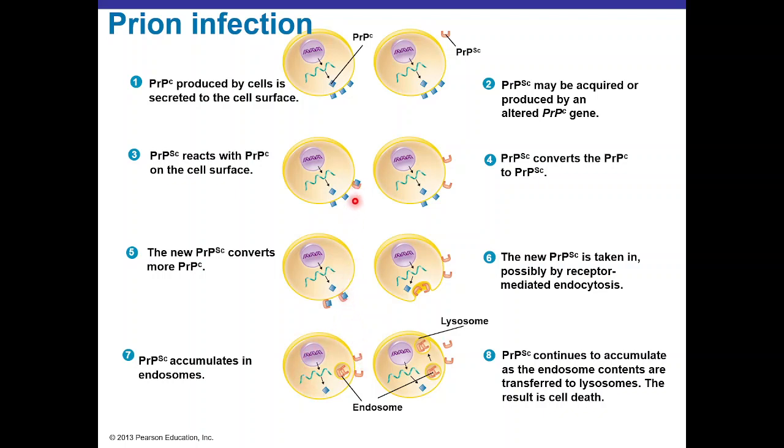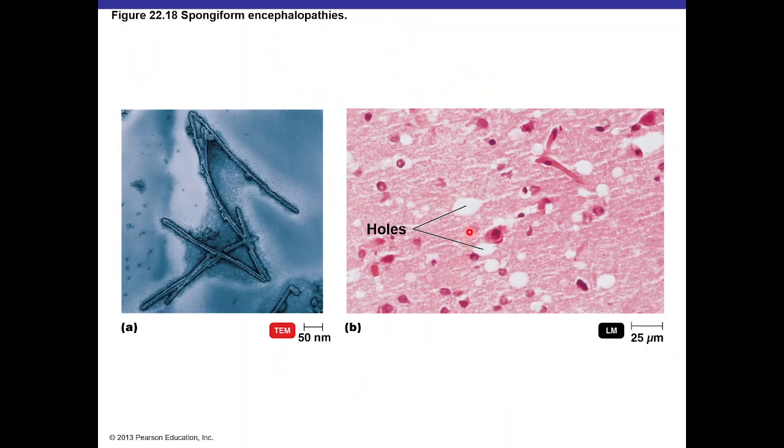So these scrapie are going to be endocytosed by the cells, and it's going to precipitate forming abnormal proteins. And they will cause cell death within the neurons, and then you'll have the following.